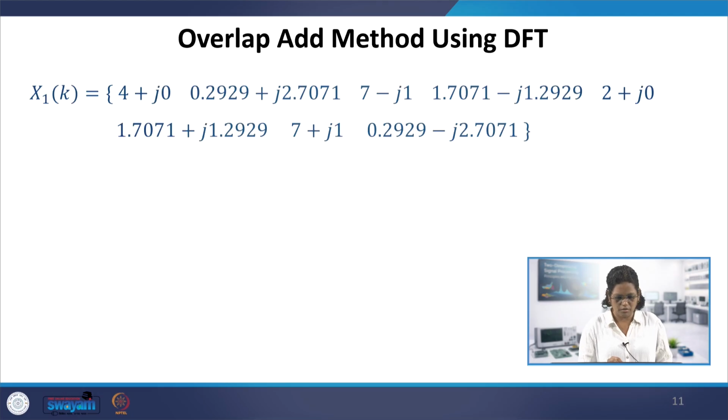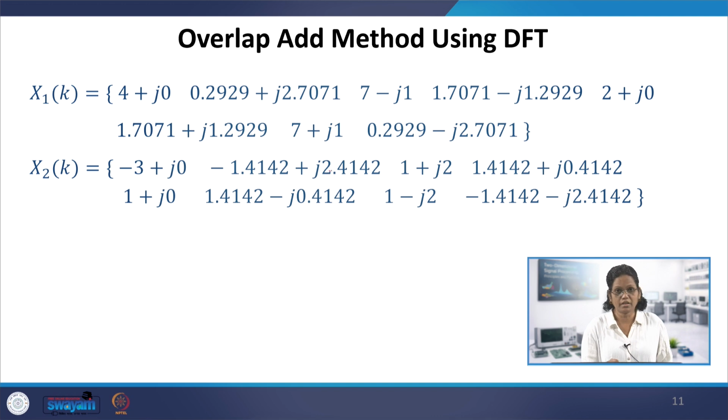For X1[k], these are the complex numbers we got from the DFT, and similarly X2[k] for the second segment. That is the DFT of x1[n] and x2[n] with the appended zeros, made N equal to 8. These are the results of the 8-point DFT, from which we can get the magnitude and phase spectra, or real and imaginary spectra, as we had obtained for an example.